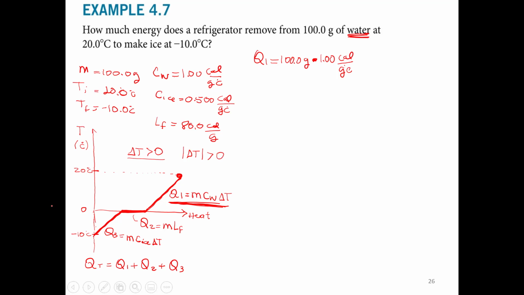In this case, if we analyze this graph, the delta T from this point to this point will be 20 degrees Celsius. This is important. I suggest you graph the problem, because it makes it easy to see what the delta T is. The delta T is 20 degrees Celsius in this case, and let me write 20.0 times.